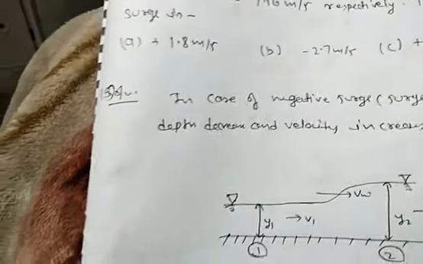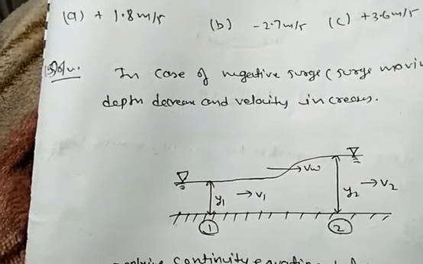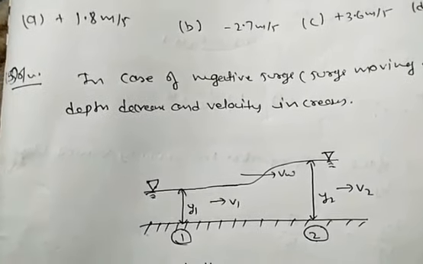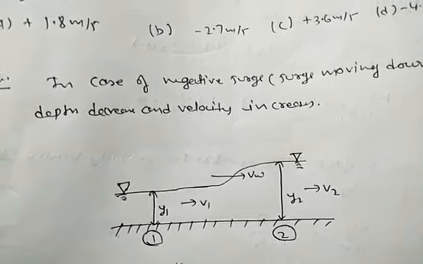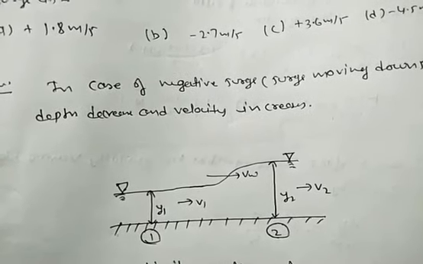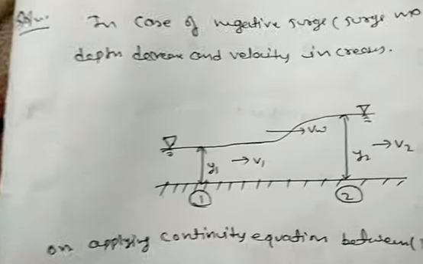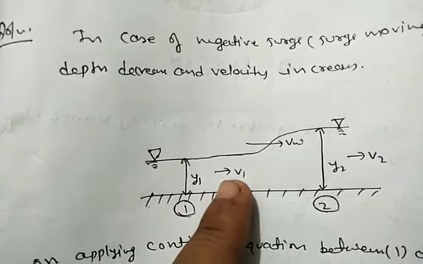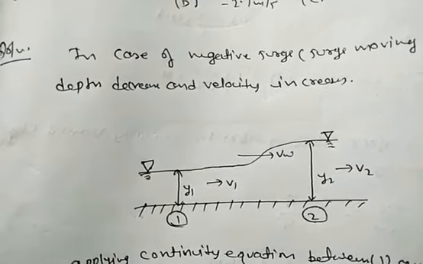And solve this question. In the case of a negative surge moving downstream, depth decreases and velocity increases. Repeat this line: in case of a negative surge moving downstream, depth decreases and velocity increases. Looking at this diagram, y1 and v1 are the depth and velocity at section 1, y2 and v2 at section 2.